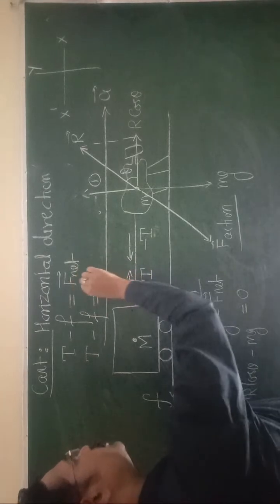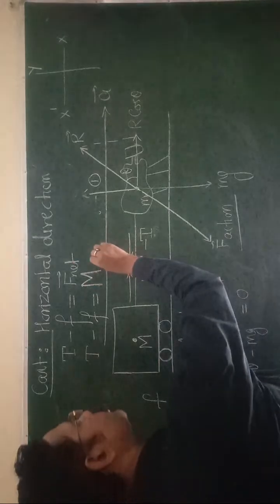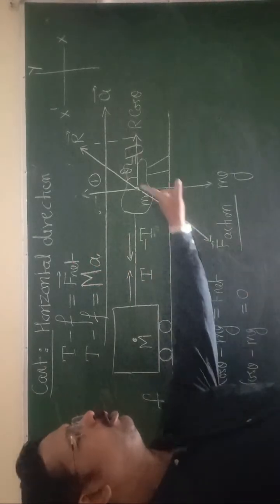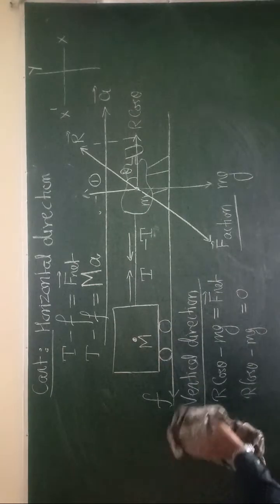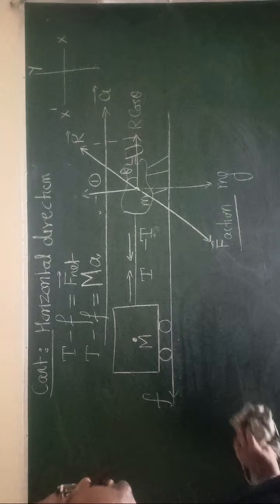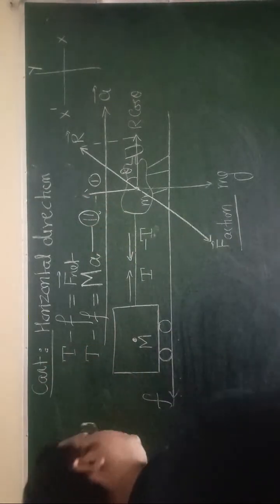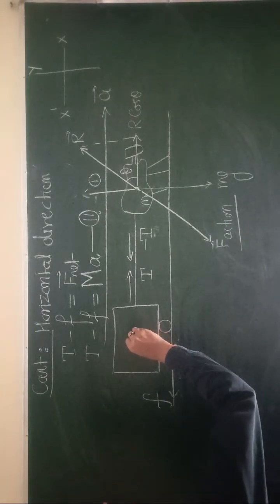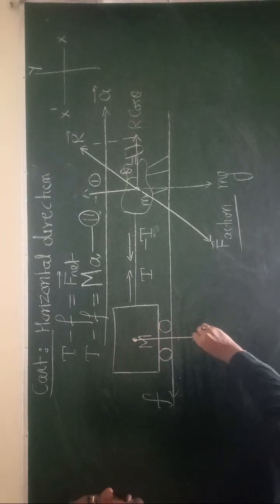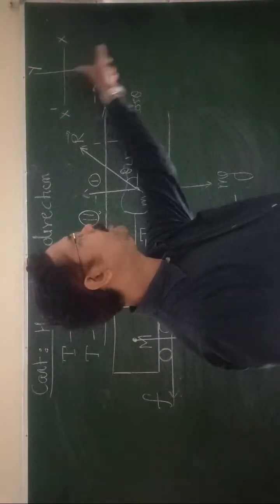Here the mass of the cart is more, so I am writing capital M. Acceleration of the horse and cart is the same. So I consider this as equation 2 in the horizontal direction. Come to the vertical. In this cart also there is mg in the downward direction, in the negative y-axis.